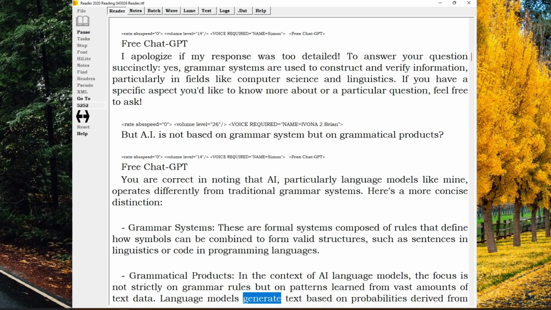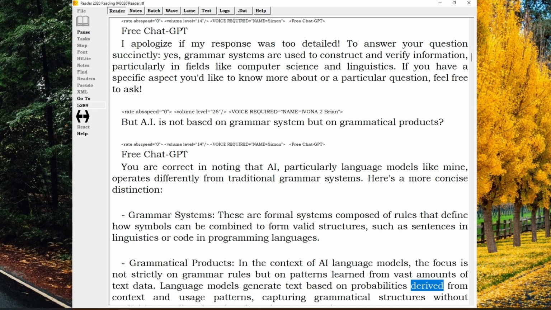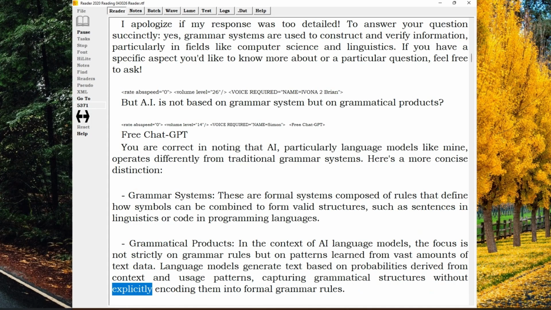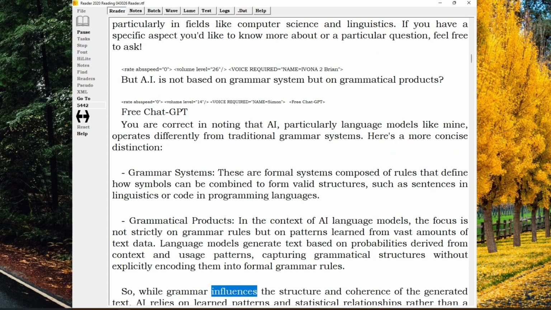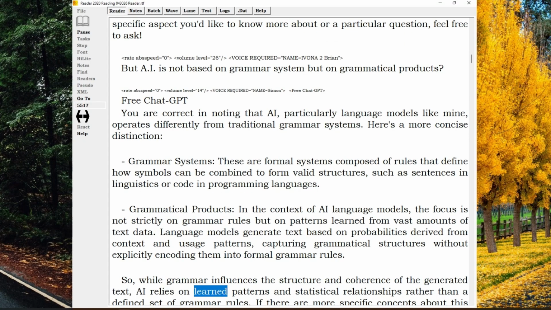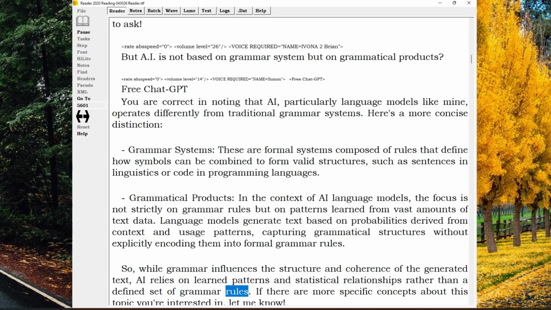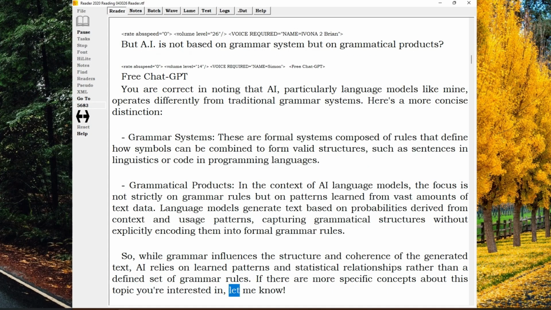Language models generate text based on probabilities derived from context and usage patterns, capturing grammatical structures without explicitly encoding them into formal grammar rules. So, while grammar influences the structure and coherence of the generated text, AI relies on learned patterns and statistical relationships rather than a defined set of grammar rules. If there are more specific concepts about this topic you're interested in, let me know.